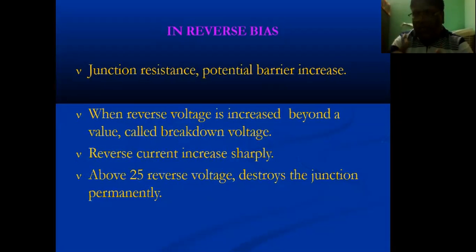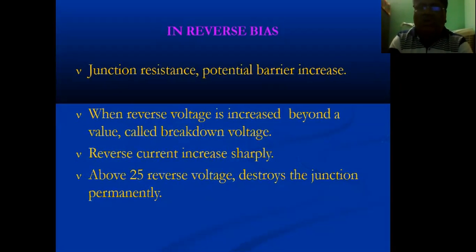After that, the reverse current sharply increases. Above 25 volts, reverse voltage destroys the junction permanently. At the practical level, some students without knowing how much voltage to apply simply increase the voltage to 15 volts, 20 volts, 25 volts, where the maximum is 30 volts, not bothering.